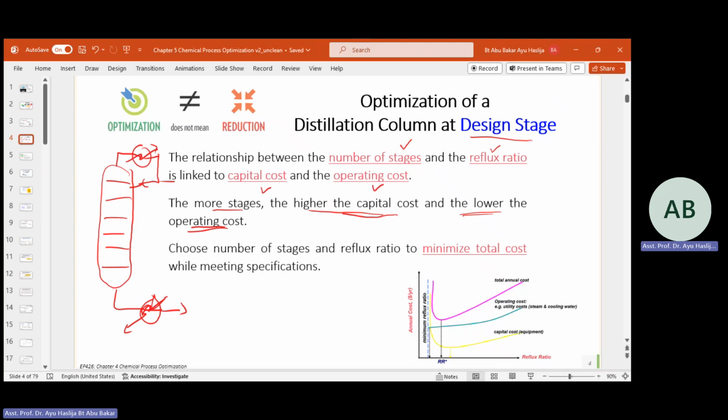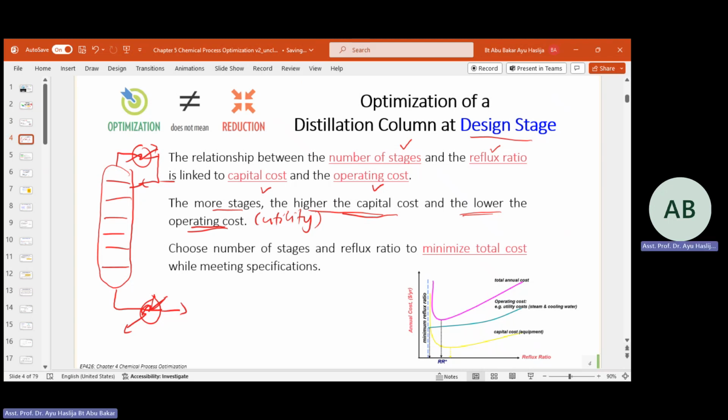Higher capital costs to build high quality. Capital cost, yes. How about the operating cost in terms of the utility? Okay, we look at the utility only. Reduce heat duty.